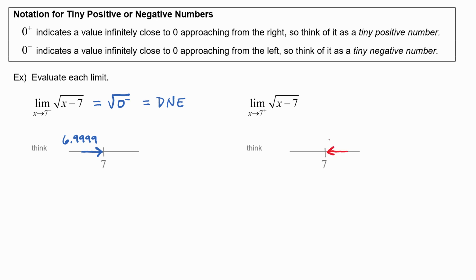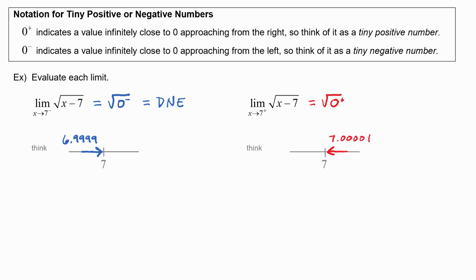And what we want to think is 7.00001, infinitely close to 7 through numbers slightly bigger than 7. So if we subtract 7 from our number that's infinitely close to 7, but coming in from the right, we are going to get the square root of a tiny positive number.